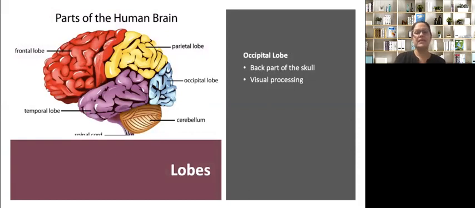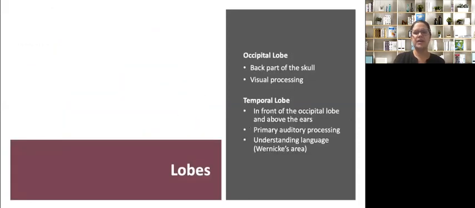And then finally, we have the temporal lobe. This is located right in front of the occipital lobe and kind of underneath the frontal lobe, right? So it's this smaller portion under the frontal lobe and then to the left of the occipital lobe. It's right above your ears, okay? It's right here in this little area right above your ears.